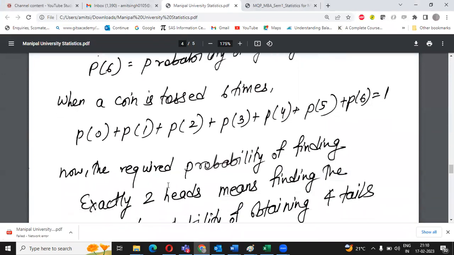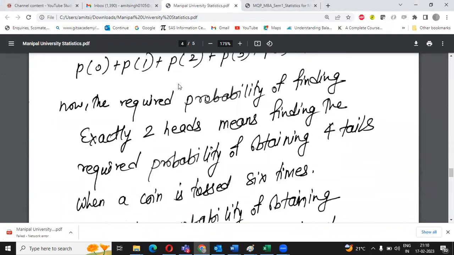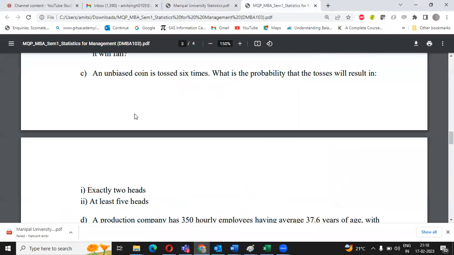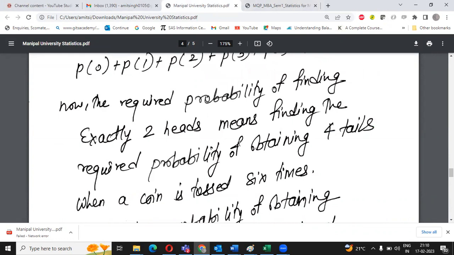So when I'm talking about that question, they're asking us that an unbiased coin is tossed 6 times. What is the probability the toss will result in exactly 2 heads? So 2 heads means 2 heads and 4 tails, or I can say 4 tails or 2 heads, both mean the same thing.